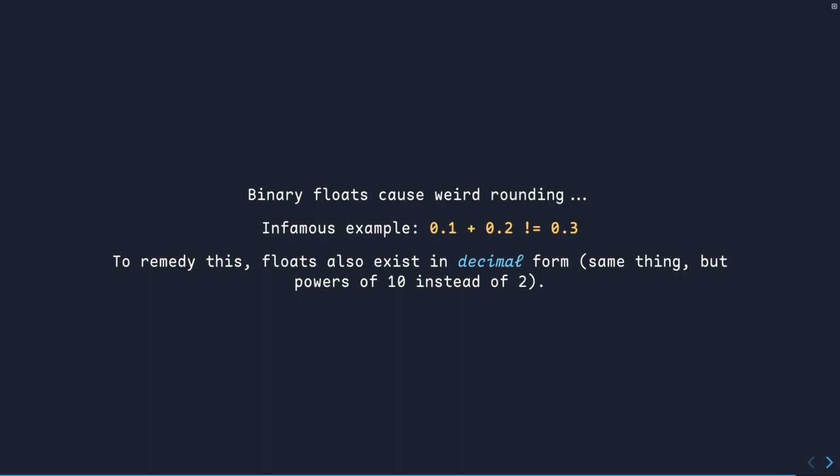Binary floats have a few side effects when you're working with them. Because they are binary, it is sometimes not possible to exactly represent a decimal floating point number in binary, because you would somehow end up with infinite repetition.